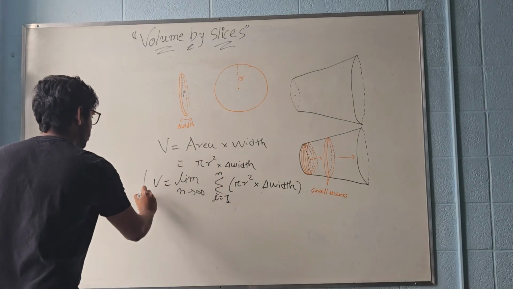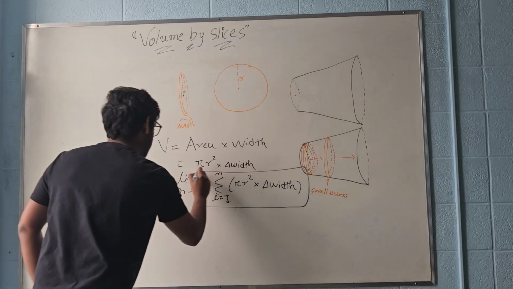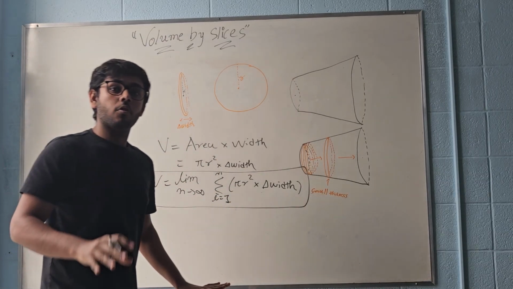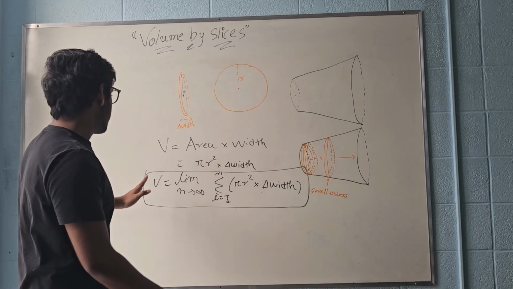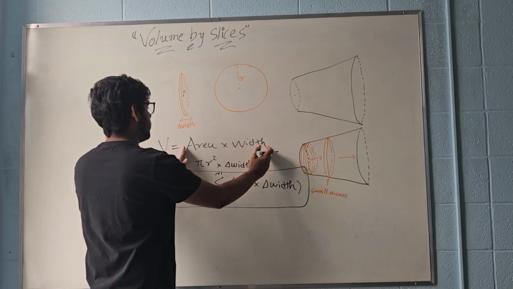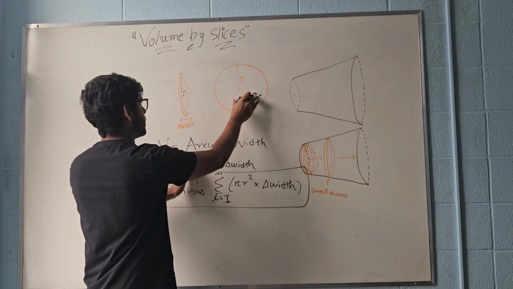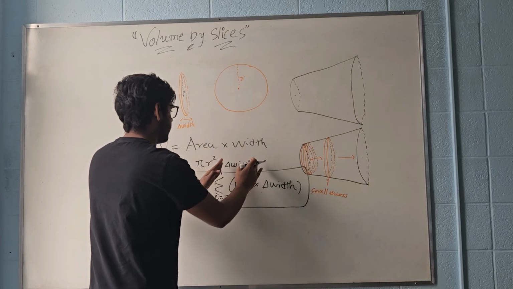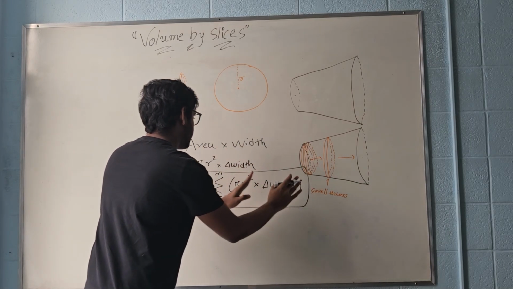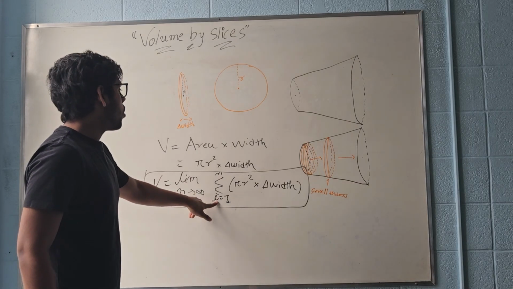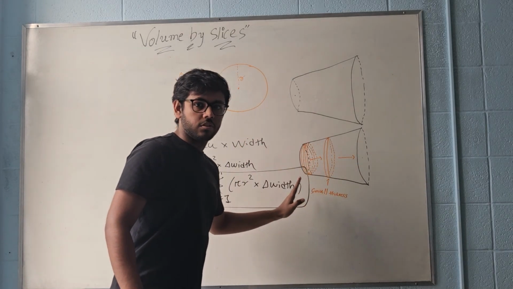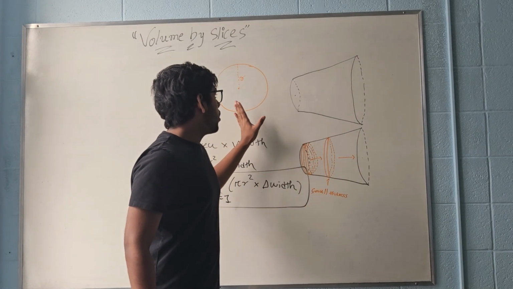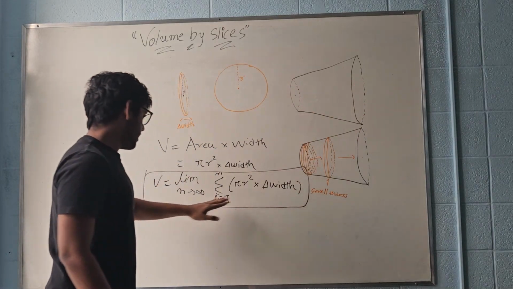So for now, this is our general formula. Volume is area times width. Area is pi r square in the case of a round or a circle, and our width is very small, so we take it as delta width, and we will sum up all these infinitely many slices into one. So our volume of all this 3D object is this for now.